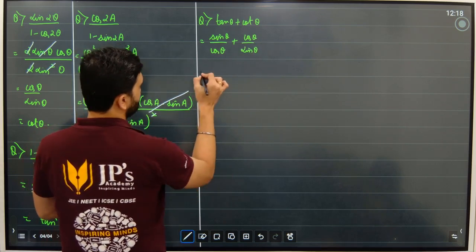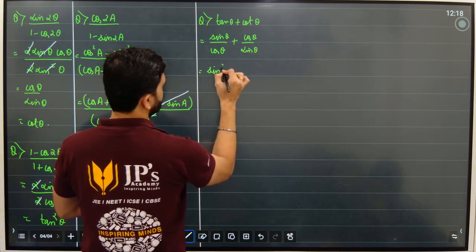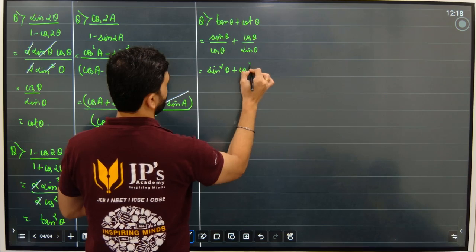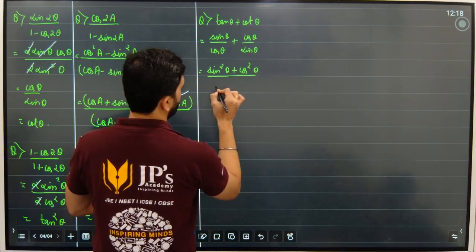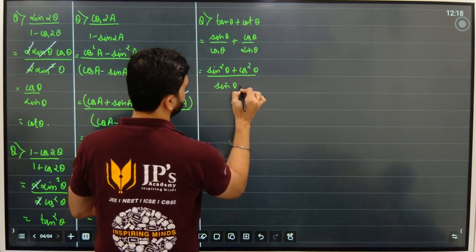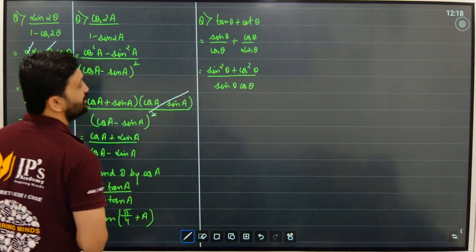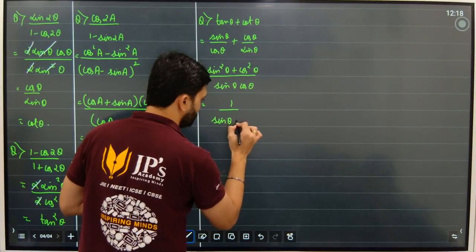I'll take the LCM. So this will become (sin square theta plus cos square theta) upon sin theta cos theta. Everyone knows that sin square theta plus cos square theta is 1. So 1 upon sin theta cos theta.